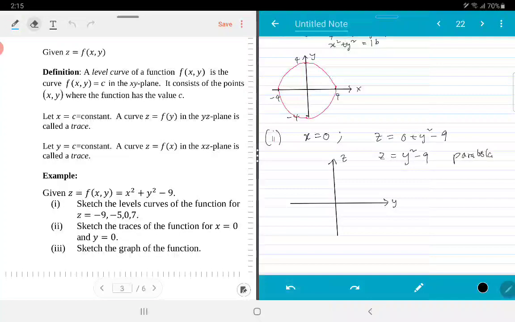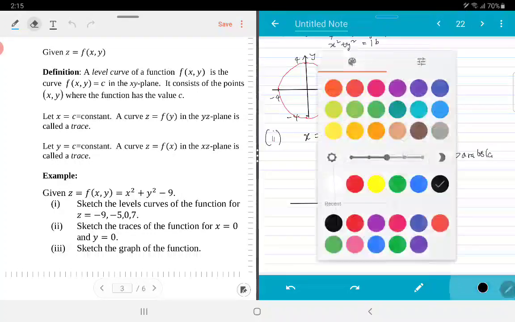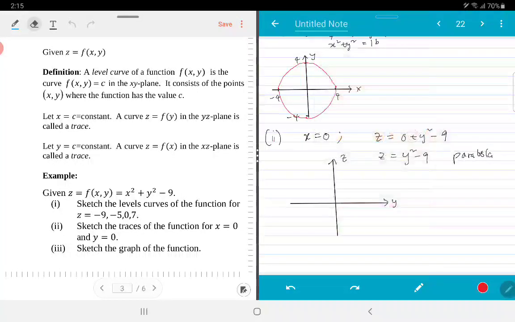And it's a smiley parabola because we have positive y squared and here we have negative 9, meaning that we need to shift our parabola 9 units downwards. So this is negative 9, and it will intersect the y-axis at 3 and negative 3. So we have a parabola like so. So this is 3 and this is negative 3.